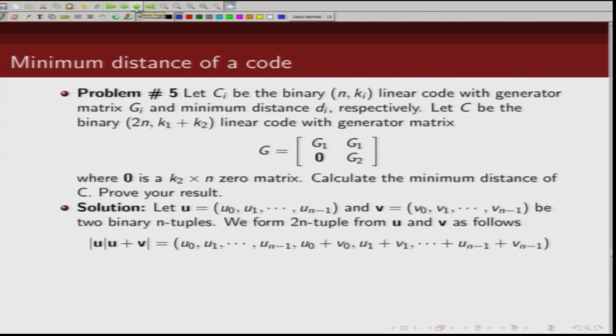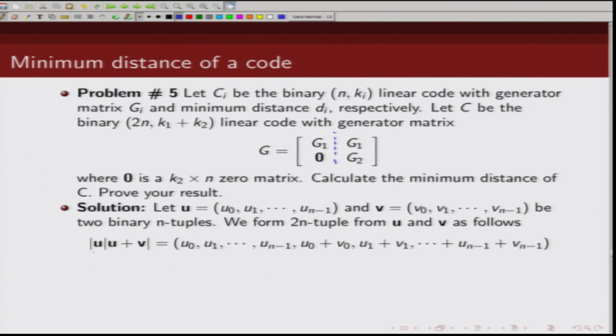To find the minimum distance, let U and V be two binary n-tuples, and we form our 2n-tuple as follows. How is this code word generated? It is one n-bit code word followed by another n-bit code word. The first n-bit code word is generated using U times G1, and the second one is U times G1 plus V times G2.